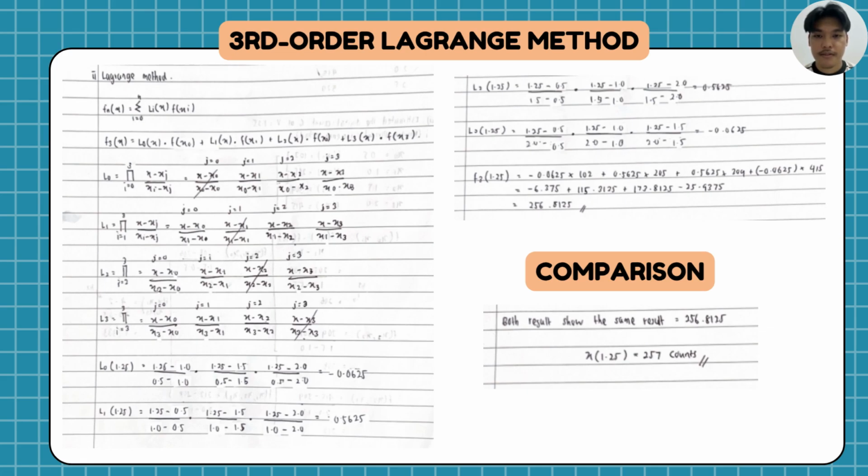After substituting the target voltage of 1.25 volts into the equation, the estimated digital count obtained was 256.8125 counts. Both methods produce the same result, which is 256.8125 counts. Therefore, both interpolation methods are accurate in estimating the digital count at 1.25 volts.